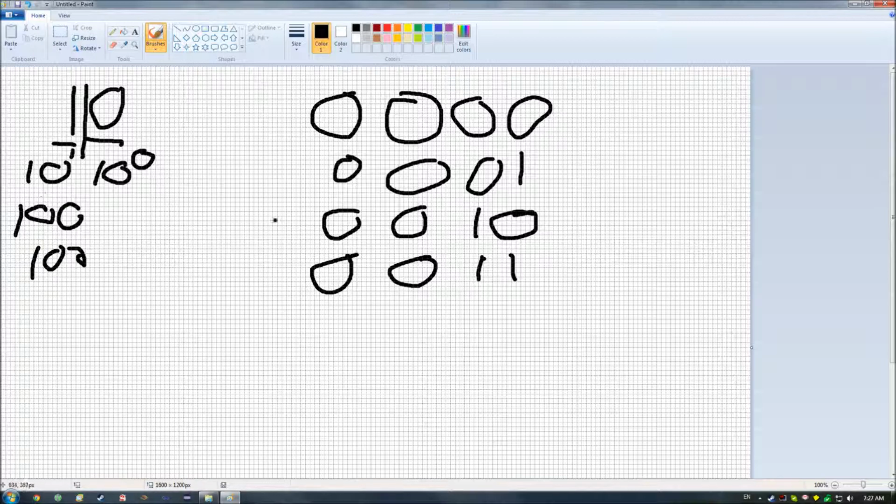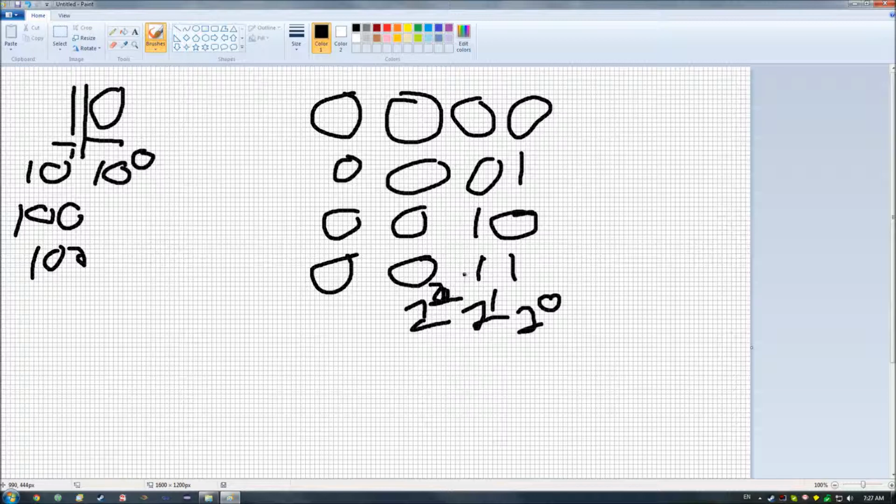So the way this is represented in binary is over here, we've got 2 to the 0, 2 to the 1, 2 to the 2, and so on and so forth over this way.